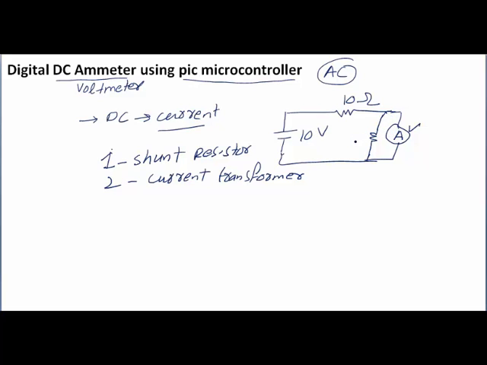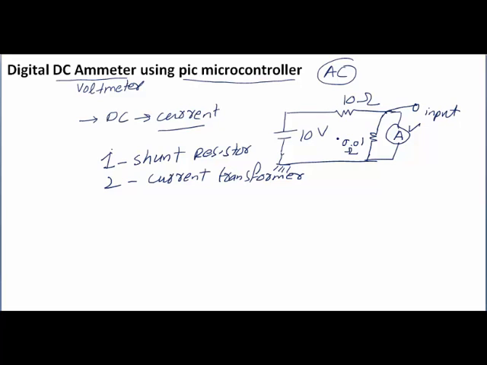For example, you have connected a 0.01 ohm shunt resistor here, and this is actually a ground. We measure the voltage across this shunt resistor with the help of the microcontroller. This input is given to the microcontroller, and we need some extra circuitry to give this input to the microcontroller. I will talk about it later.